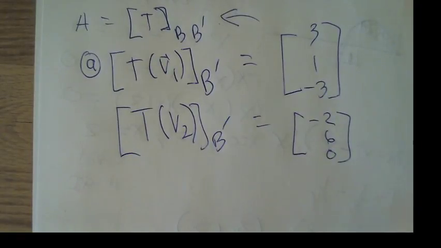And again, how do we know that? We know that because they tell us already that matrix A is with respect to those bases. Then v3 would be the third column, and T of v4 relative to B prime would be the fourth column.